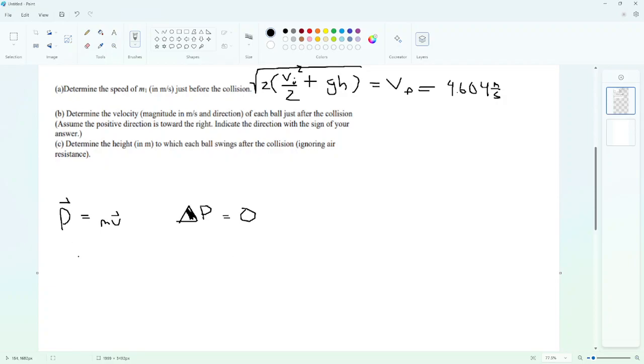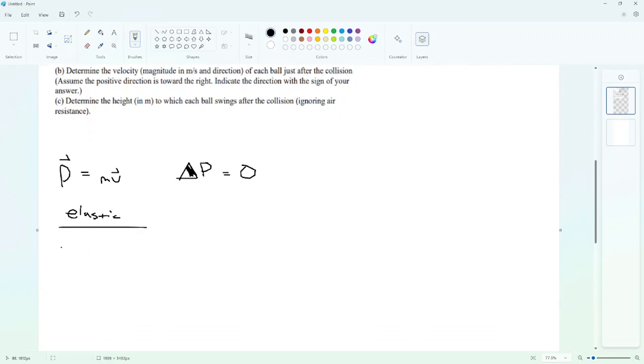Now, if we're dealing with elastic collisions, we have two properties we have to recall. One, change in momentum is equal to 0. And two, see if we can recall this one, change in kinetic energy is also going to be equal to 0. Now, what about an inelastic collision?